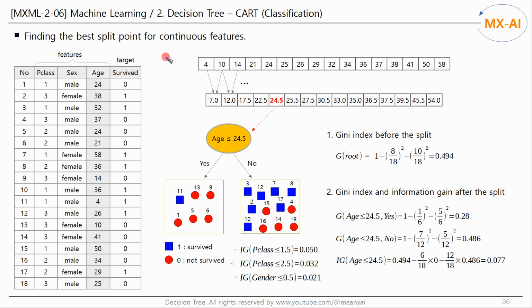Next, let's see how to find the best split point for continuous features. The continuous feature age has been added to the dataset. There are many possible split points for continuous features. We need to find the best one among them. First, remove duplicate values.